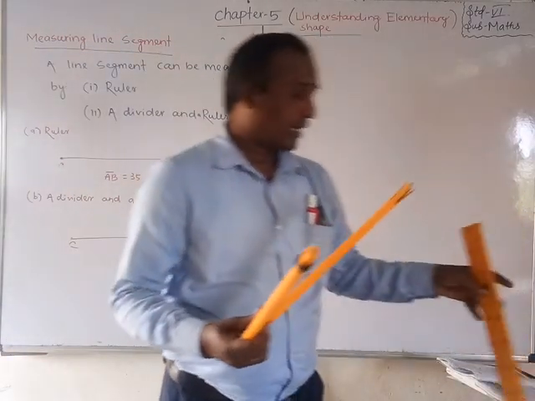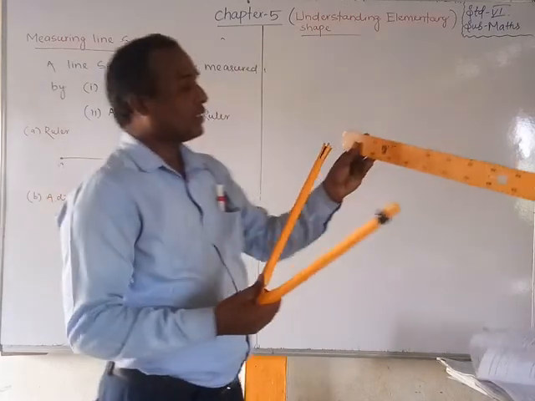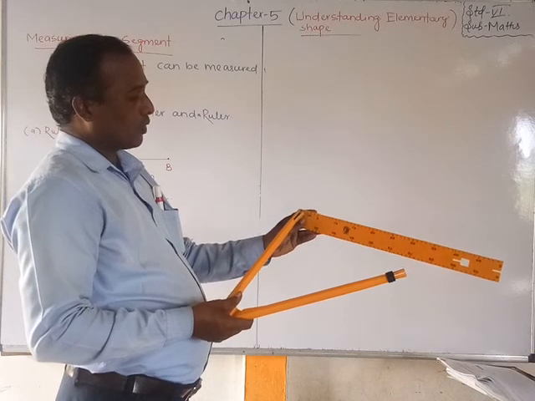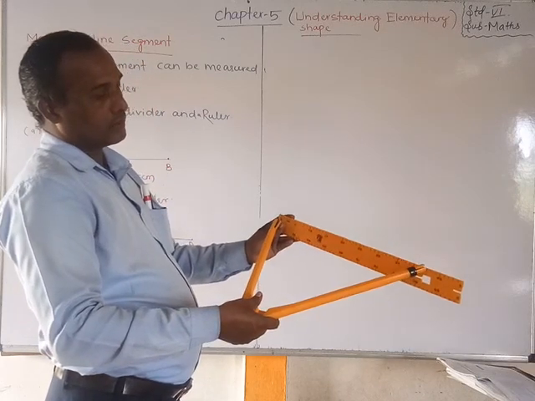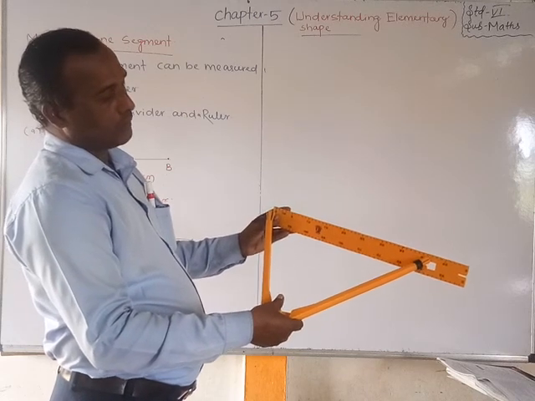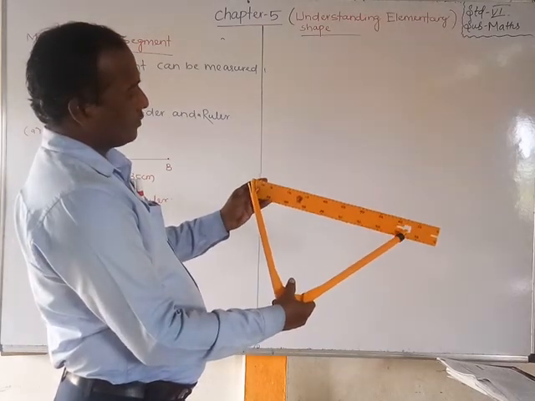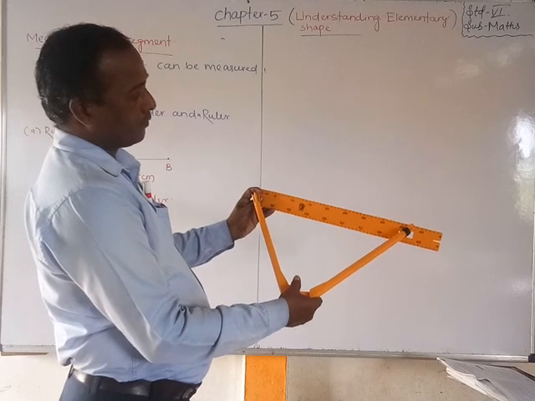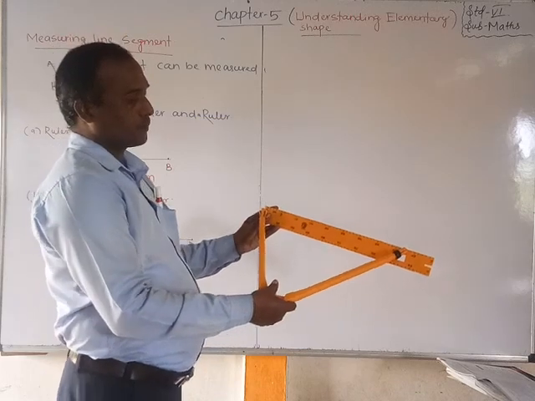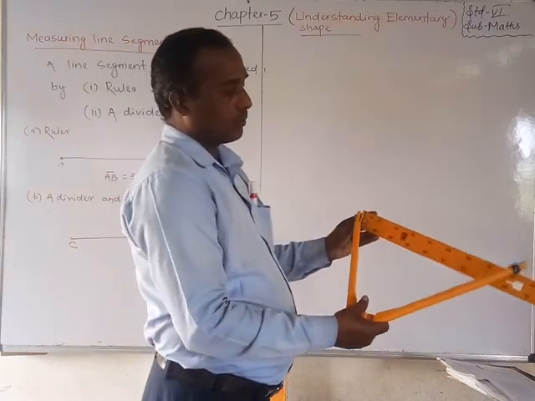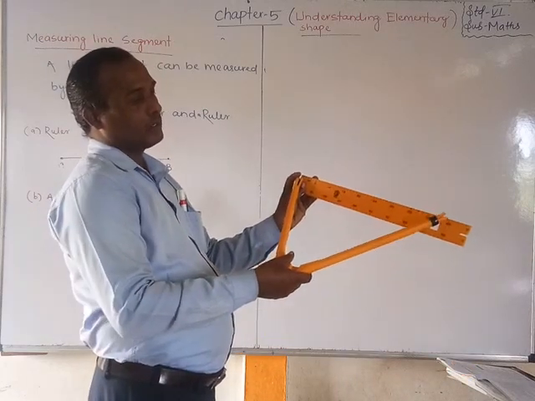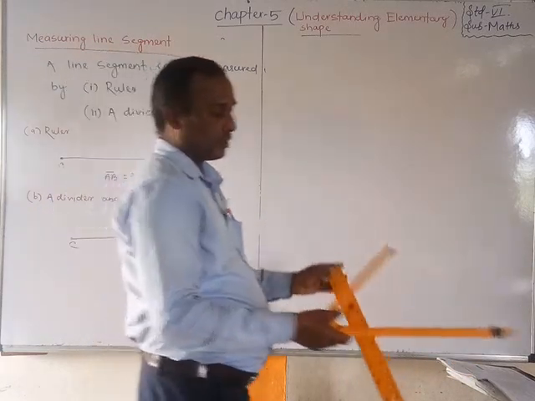Then on your scale, where is the zero? Observe, students, zero is here. Keep one point on zero and keep the other like this. Now check, students. Nearly 40 is coming. Yes, it is 40.5, in the middle, so it is 40.5. So with the ruler, the first point you keep on zero, and the other point you check where it is on the ruler.